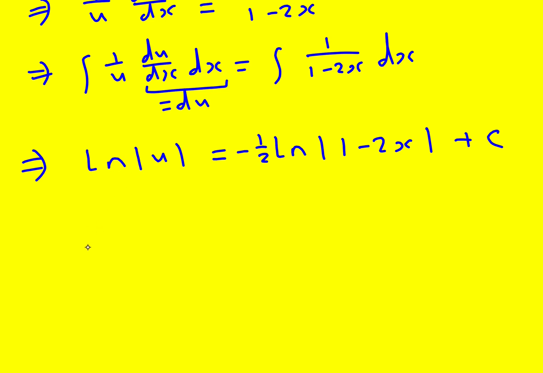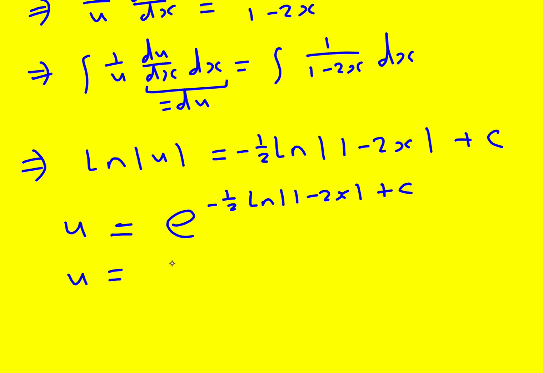So if I raise everything to the power e, I'm going to get u is equal to e to the minus a half ln of 1 minus 2x plus c, which is e to the ln. If I bring this in, it's going to be 1 minus 2x to the minus a half.